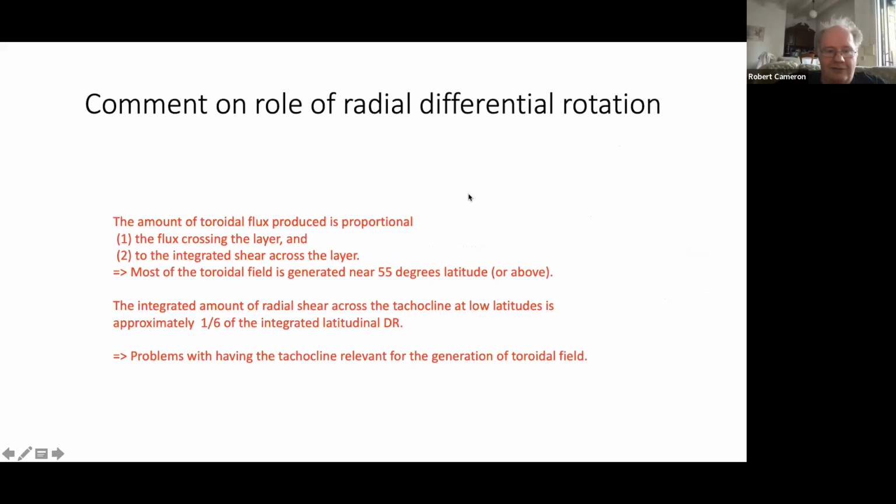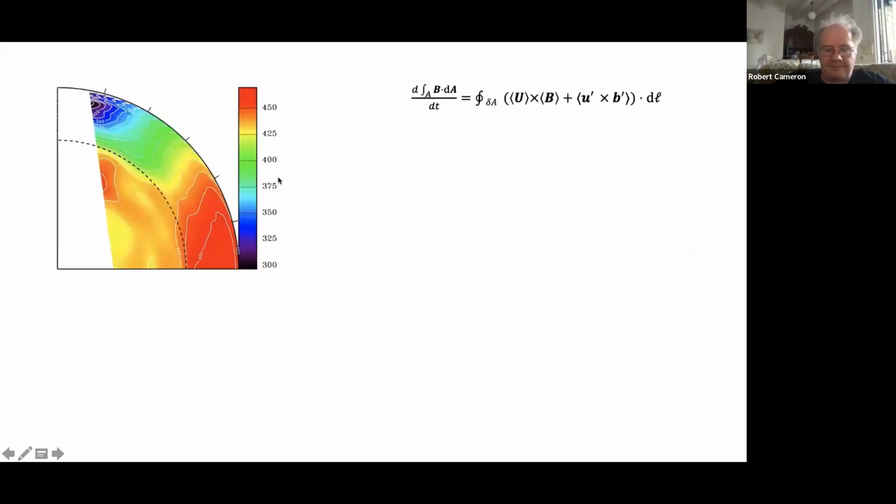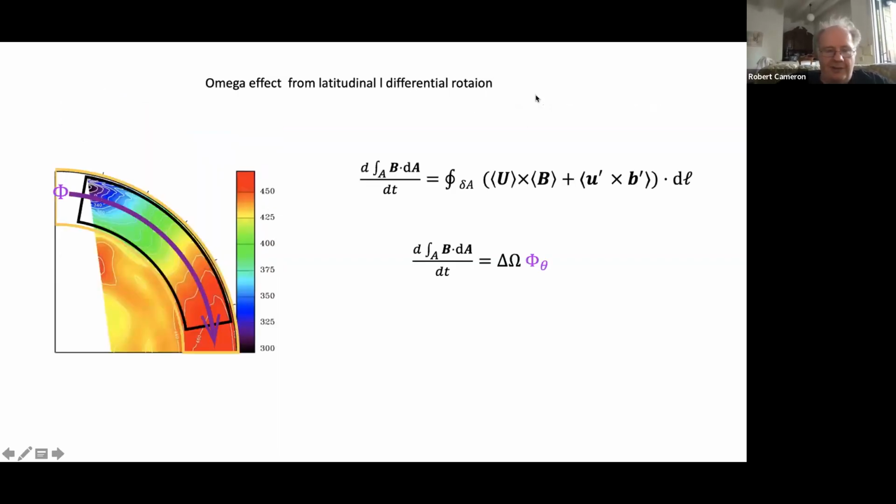I want to go back to a question which was asked at the beginning, which is the role of differential rotation. And the point I'm going to make now is, well, this is our differential rotation. We have Stokes' theorem. We could have chosen a contour which did not cross the tachocline.